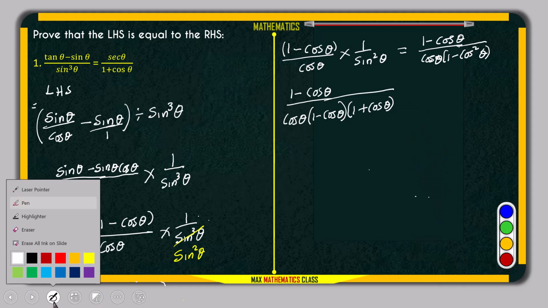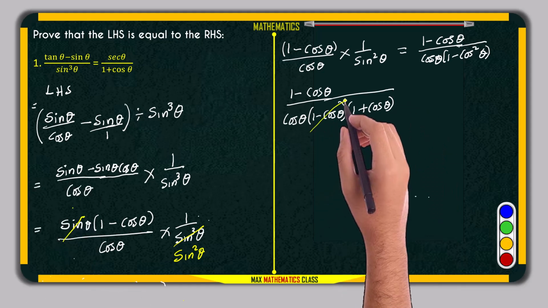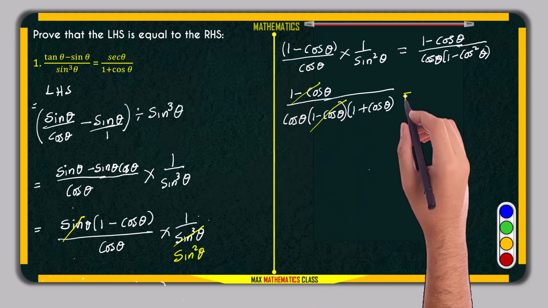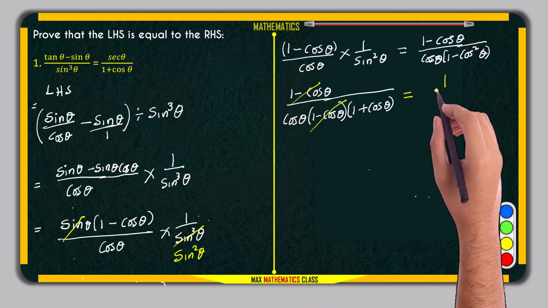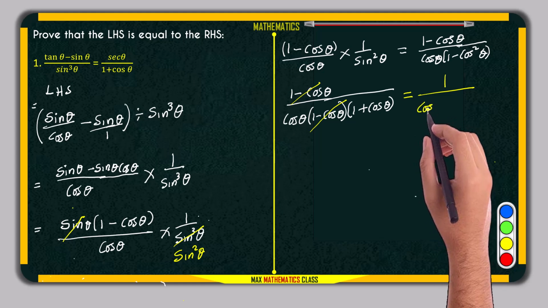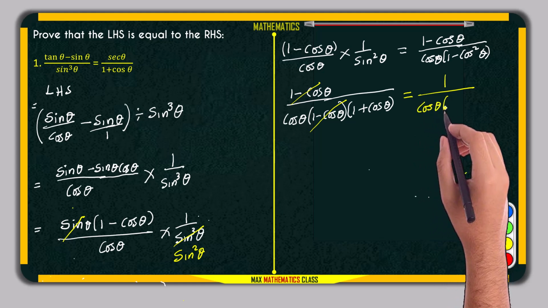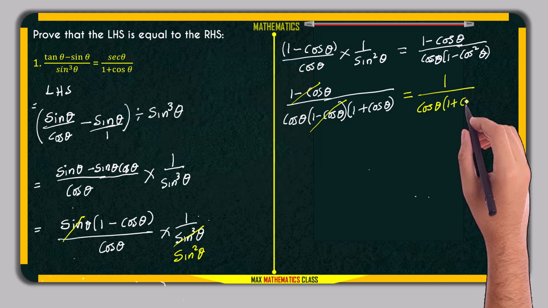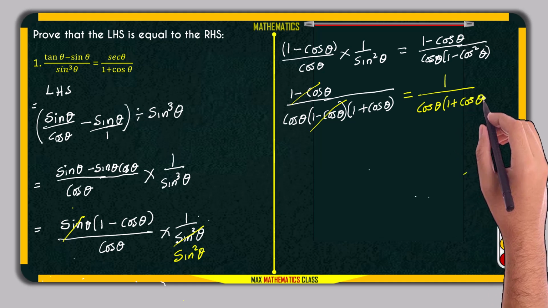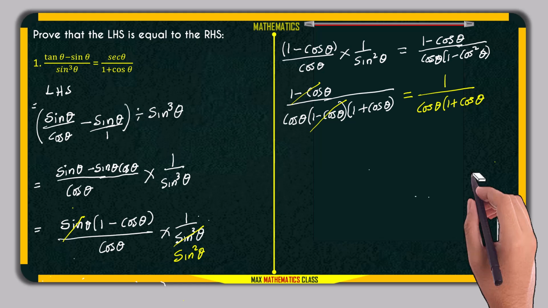So after this, we can now cancel out this, cancel out this. We are now left with 1 over cos theta times 1 plus cos theta. So it is now time for us to expand this.